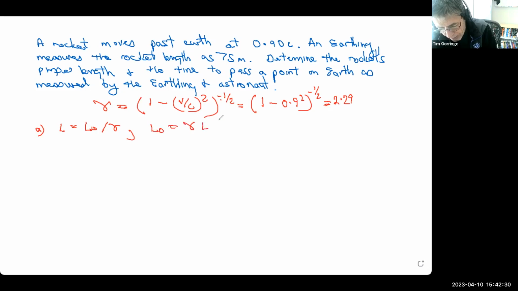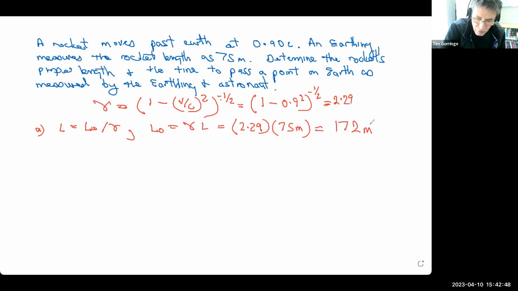L0 equals gamma L, and I'm going to fill in the factor of gamma that I calculated, 2.29. Going to multiply it by the contracted length, 75 meters, and if I do that, I get a true length, 172 meters. So that's the length of the rocket as seen by the astronaut. That's the proper length of the rocket.